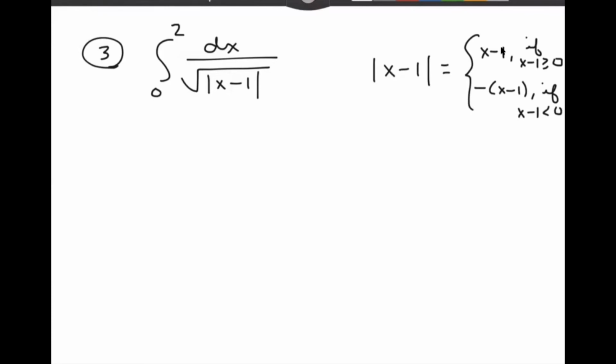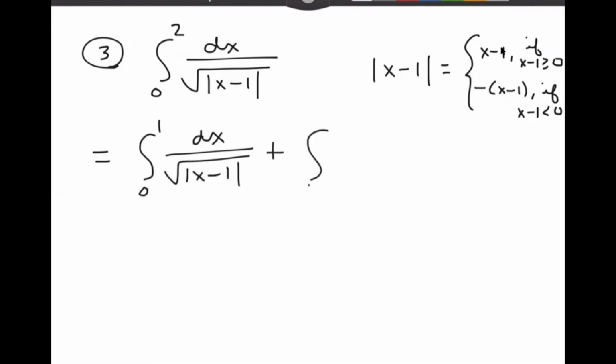The vertical asymptote of this function occurs at x equals 1, which is an interior point of the interval from 0 to 2. So the first thing I have to do is break this into two integrals. First one goes from 0 to 1, and then from 1 to 2.